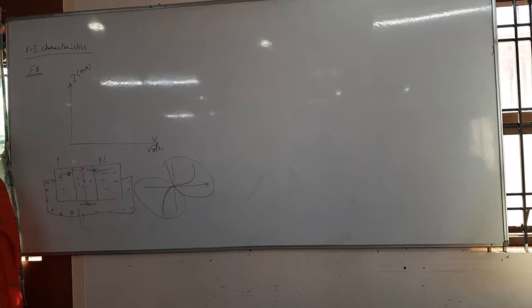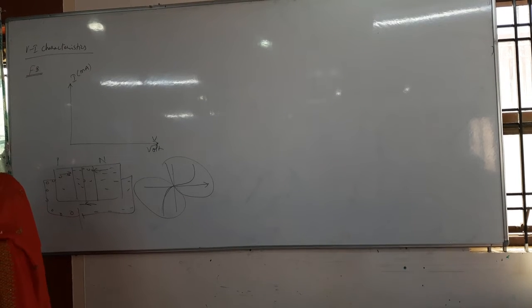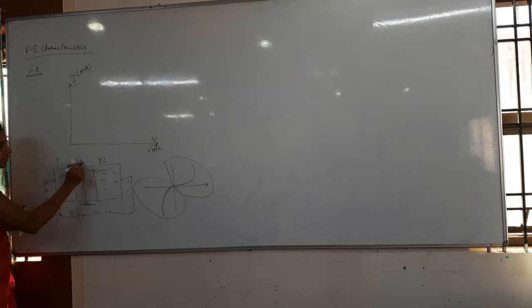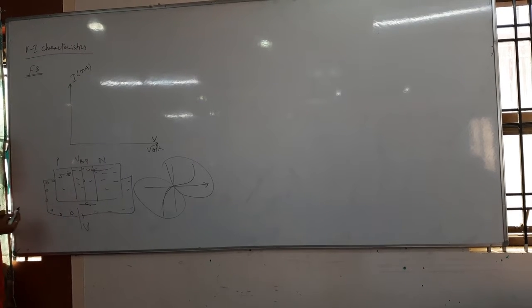At that time, due to the external electric field, the barrier potential will get dominated. The barrier potential will decrease. I said that the depletion layer width decreases and the barrier potential also decreases. Whenever I connect this, this barrier potential I will take as VB.